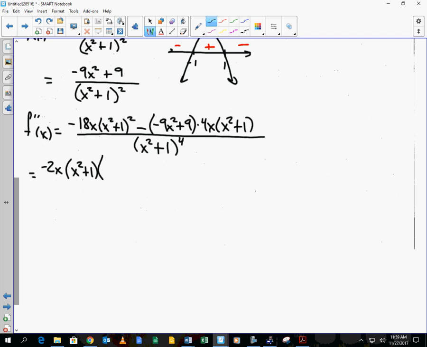What are you left with here? 9 times x squared plus 1. And if you take a negative 2x out of the negative 4x, what are you left with? A positive 2x, right? And we have a negative 9x squared plus a 9 still there.